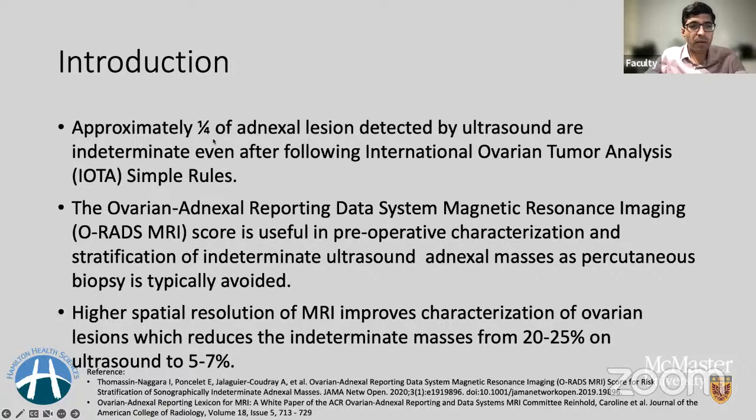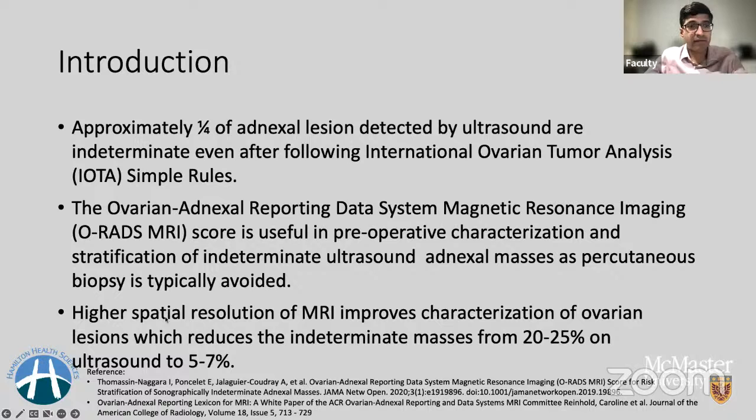And this helps in preoperative characterization as well as stratification, whether some lesions can be handled by a gynecologist or do they essentially need a gyne oncology consultation. Remember that if you refer each and every patient with an adnexal cystic mass to a gyne oncologist, their services are going to be overburdened and there will be unnecessary delays in patient management.